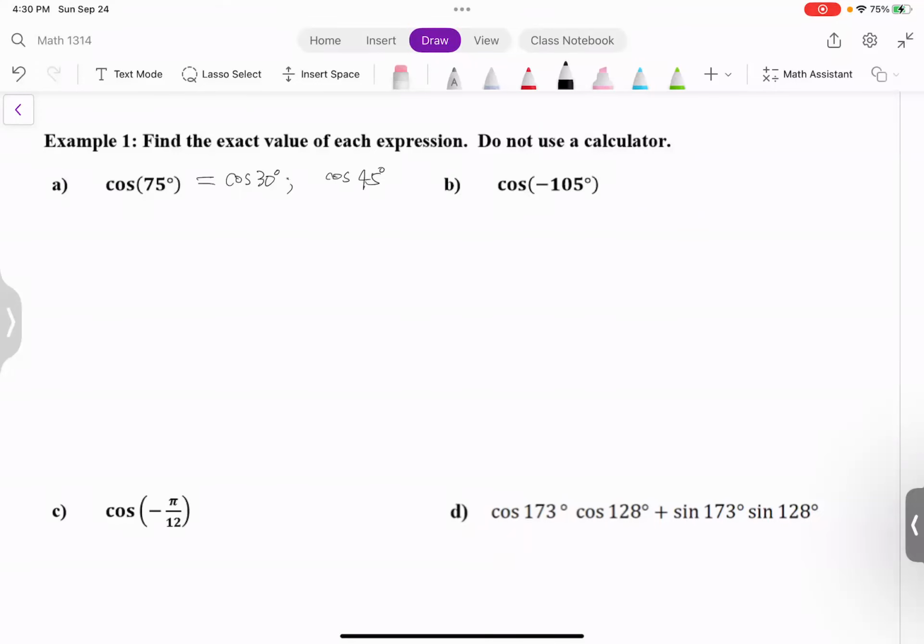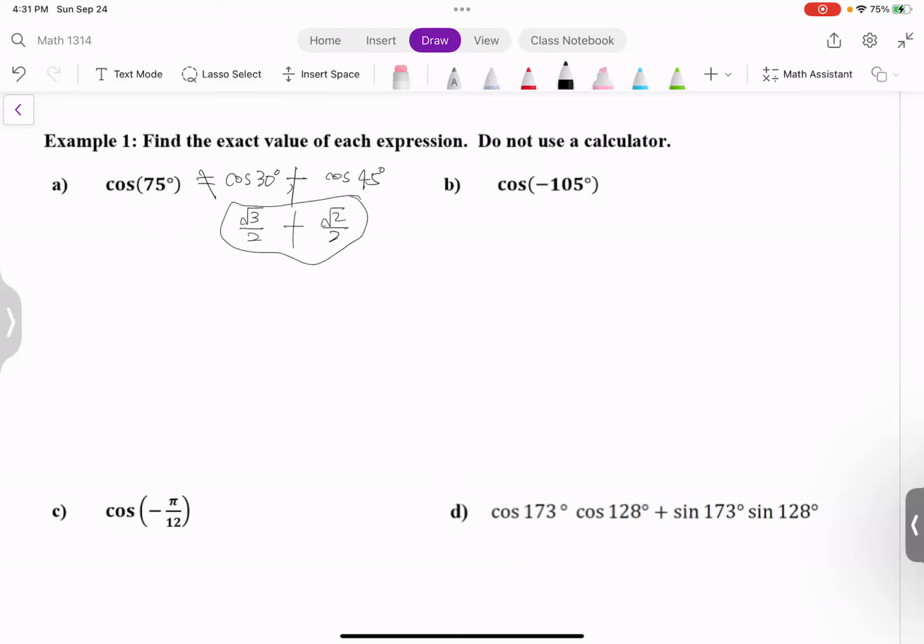Can I say this equals cosine 30 degrees plus cosine 45 degrees? No, they do not have the same value, because cosine 30 degrees is square root of 3 over 2, and cosine 45 is square root of 2 over 2.